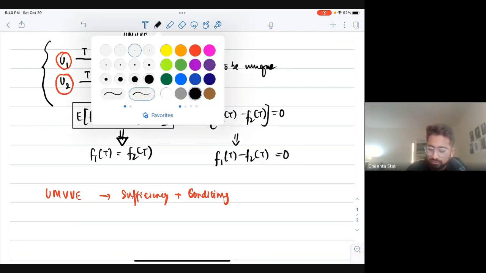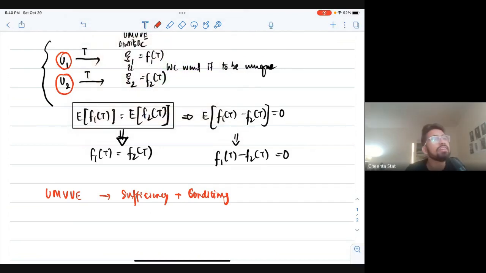In other words, f1 and f2 can be varied all over, so make it a general theorem. If this is g(T), then g(T) must be equal to 0.